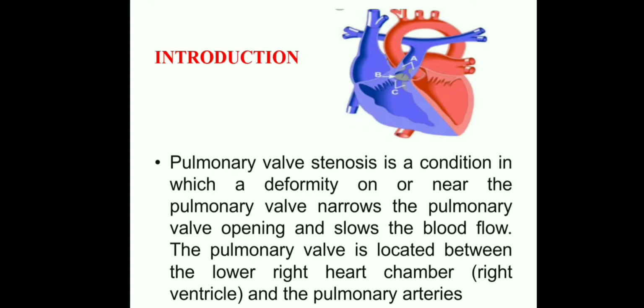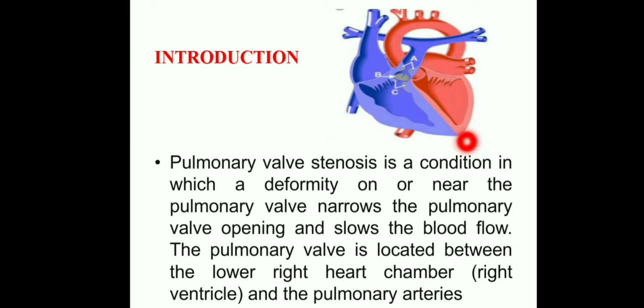Coming to the introduction, pulmonary valve stenosis is a condition in which a deformity on or near the pulmonary valve narrows the pulmonary valve opening and slows the blood flow. Here the pulmonary valve is narrow and the opening is very small, so the blood flow through the pulmonary artery is very slow. The pulmonary valve is located between the lower right heart chamber, the right ventricle, and the pulmonary arteries.